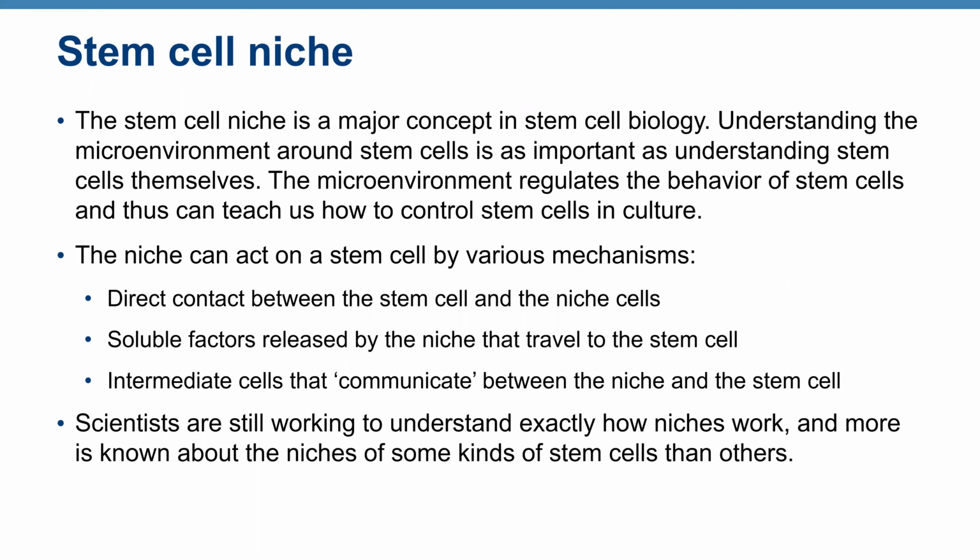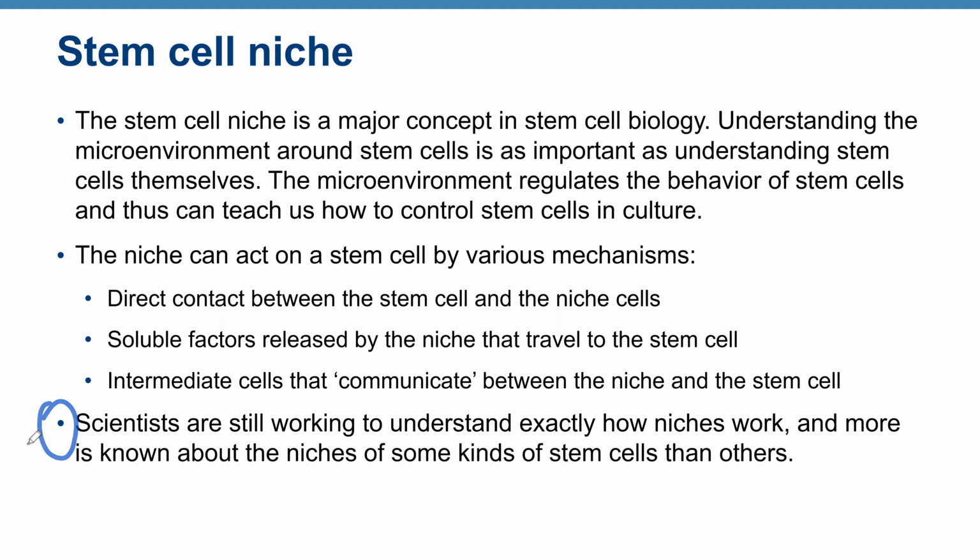So as we said, let's go back. Stem cells reside in a specific area of each tissue called the stem cell niche. Now, we need to understand what this environment surrounding stem cells is and what it does to stem cells. This environment can activate stem cells by direct contact between stem cells and niche cells, by soluble factors released by the niche that travel to stem cells, and by intermediate cells that communicate between the niche and the stem cells.